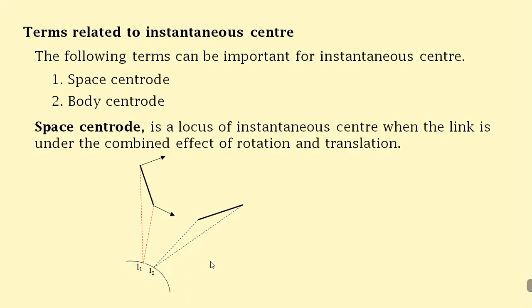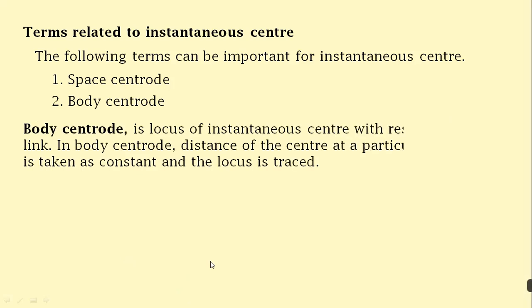Okay, and next, similarly, what do you mean by body centroid? Body centroid is also a locus of the instantaneous center, and here it is with respect to the link. Why do we mention that it is the locus of the instantaneous center with respect to the link? Whatever distances we just discussed in the space centroid will be changing, but in the body centroid the distance becomes constant.